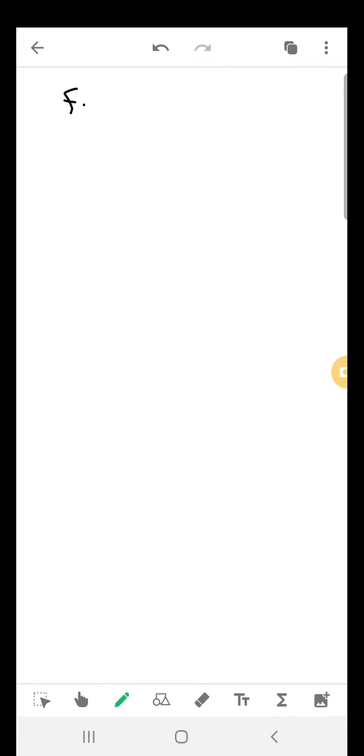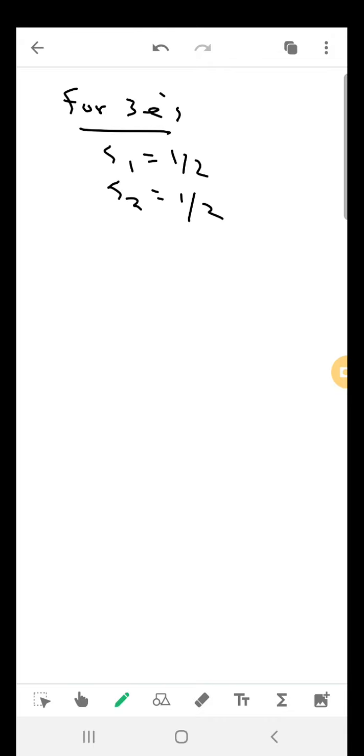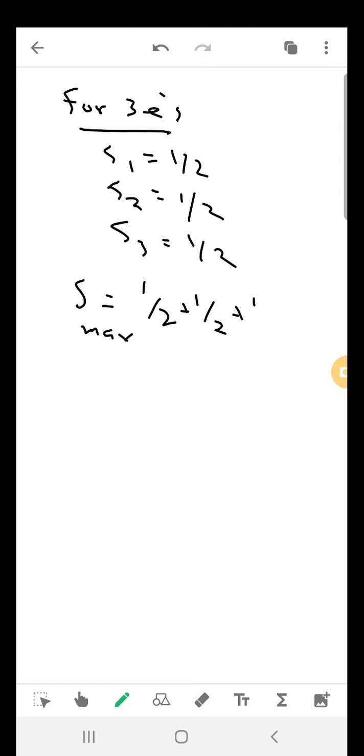So for a 3 electron system, we have S1 1 by 2, S2 1 by 2, and S3 1 by 2. So S max will be, if we add 3 of them, 3 by 2.